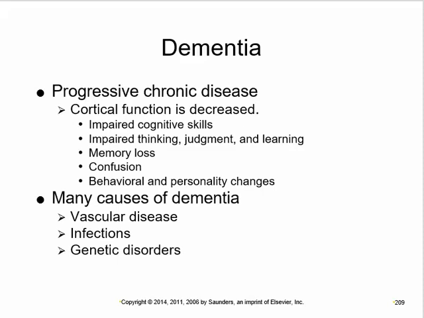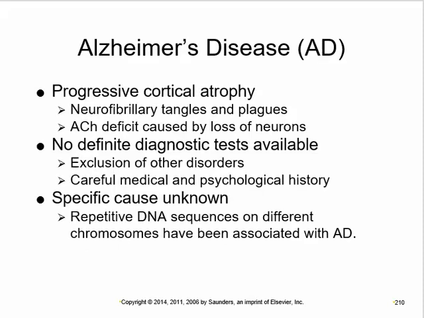The one that gets the most attention is Alzheimer's disease. And this is cortical atrophy. And what happens here is there are proteins that are normally produced and then taken away that don't get taken away. And so these proteins, they're called neurofibrillary tangles, and plaques happen. And then neurons are lost by this.